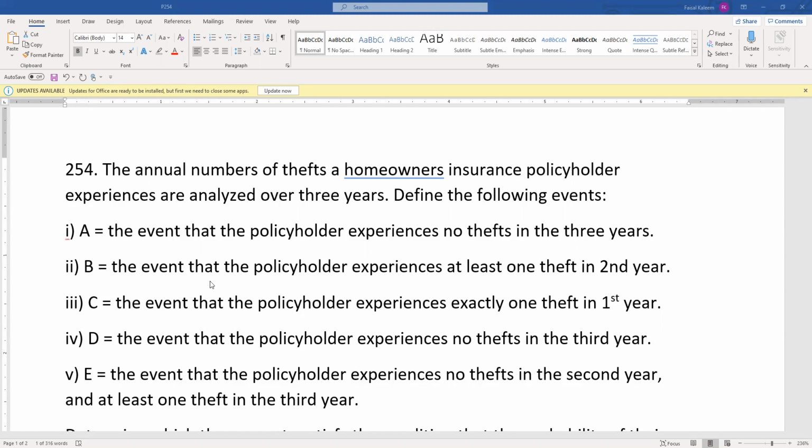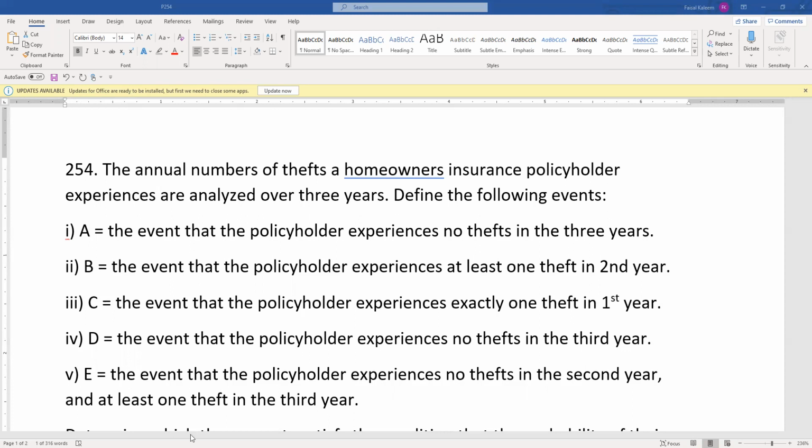If B happens, then we have at least one theft in the second year, which means A cannot happen, because A is saying that you don't have any theft in the 3 years. And E says that no thefts in the second year. So also E cannot happen because B is saying that there is at least one theft in the second year, while E is saying there are no thefts in the second year. So they rule each other out. That means if B happens, then A is ruled out and E is ruled out.